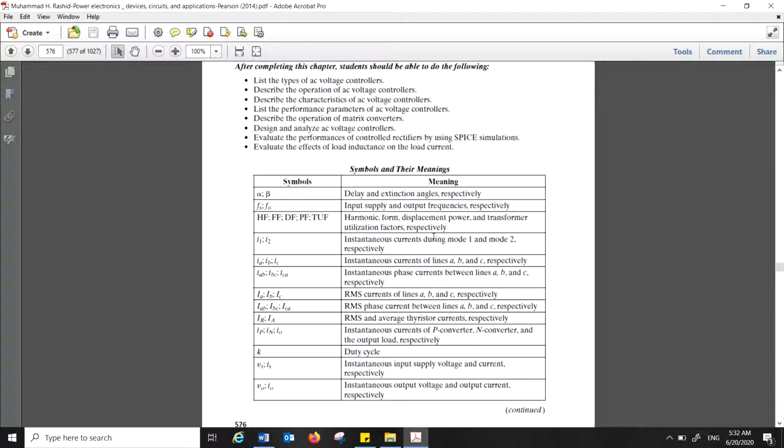Small i1 and i2 are the instantaneous currents during mode 1 and mode 2. In line, iA, iB, iC are the instantaneous currents of lines A, B, C, and iAB, iAC are the currents between lines. When we are considering capital letters, these are the RMS currents, and RMS phase currents between the lines, IR and IRMS, and average thyristor currents.